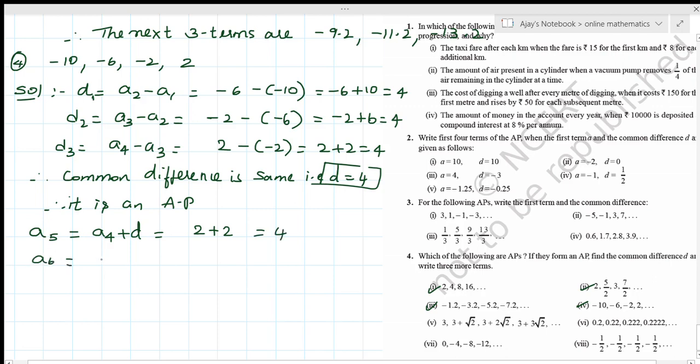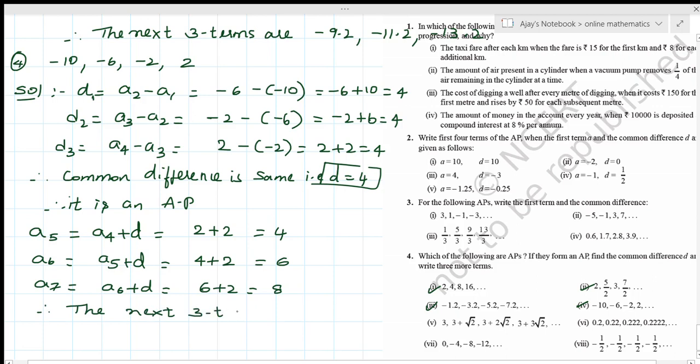A6 is A5 plus D, 6 plus 4 is 10. A7 is A6 plus D. So therefore, the next 3 terms are 4, 6, 8. I hope you understood.